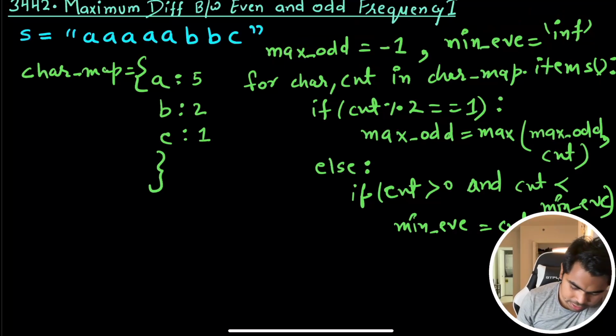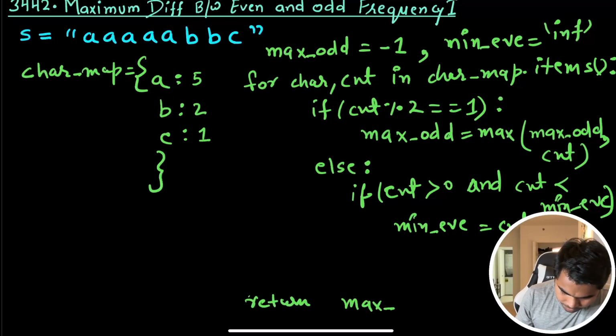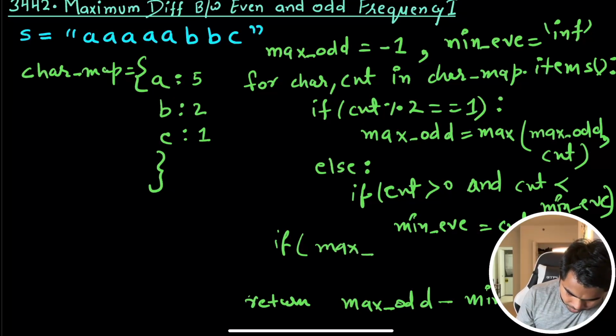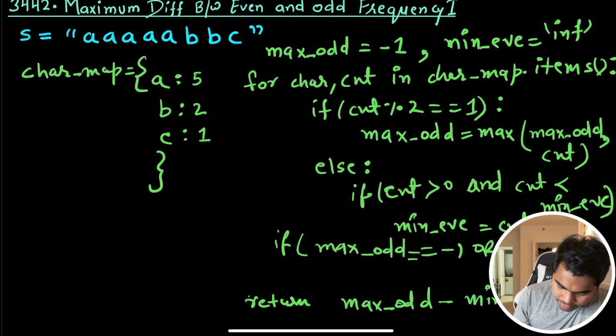Otherwise, in the general scenario, you should return max odd minus min even, which will give you a positive value. Otherwise, if max odd is equal to -1, or min even is infinity, then you can just return 0.